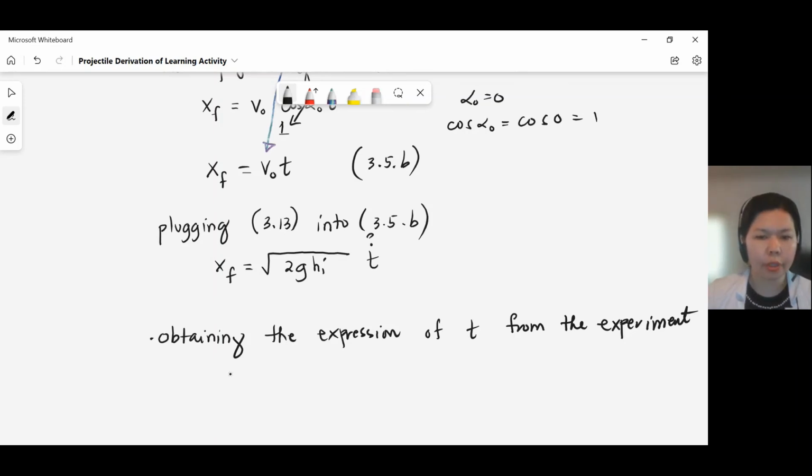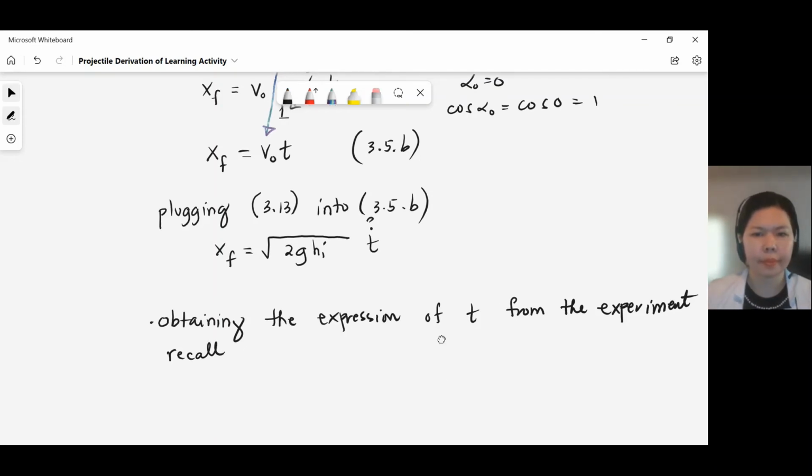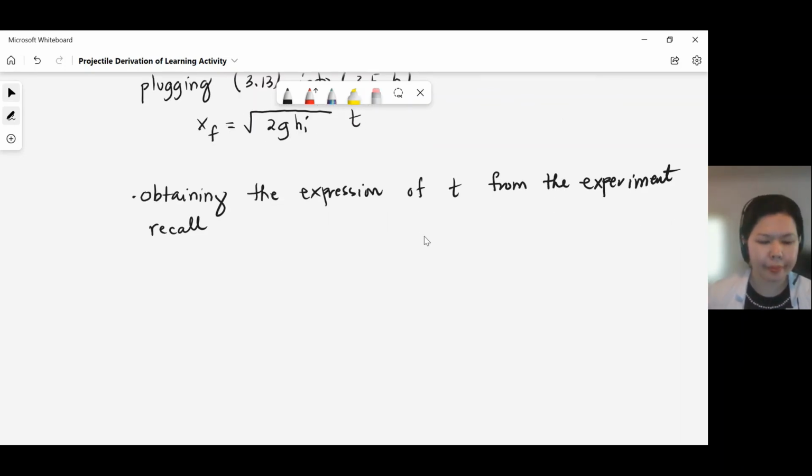So we first recall projectile equation 3.7.